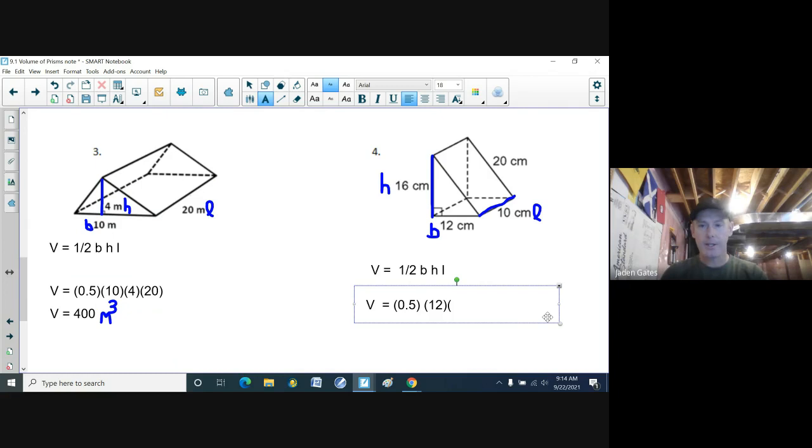My height, looking at my diagram, is 16. My length is 10. Now I multiply my four numbers: 0.5 times 12 times 16 times 10. And this time I get 960.